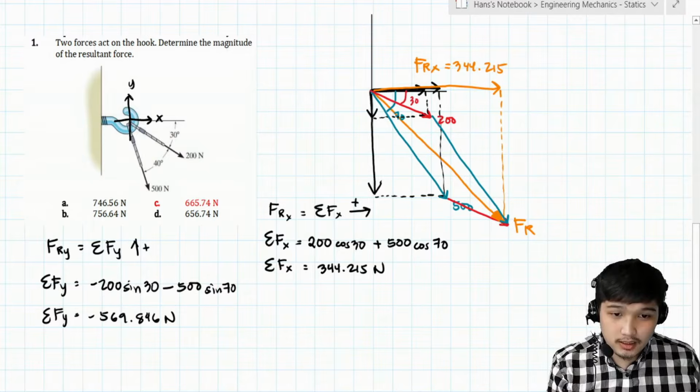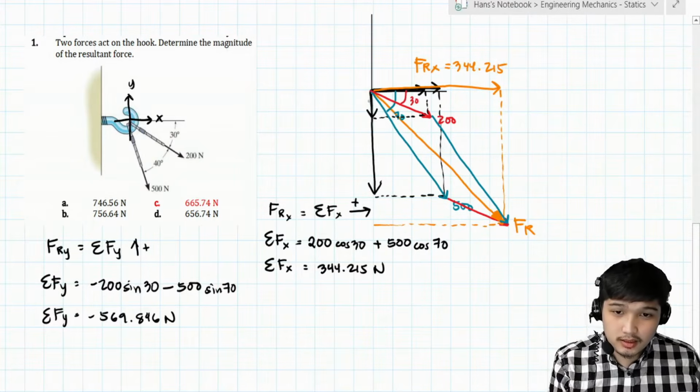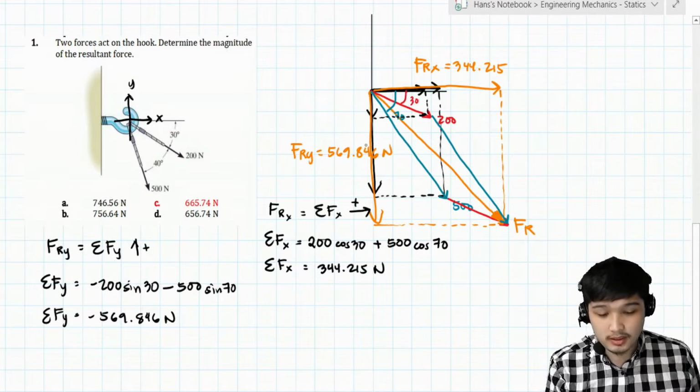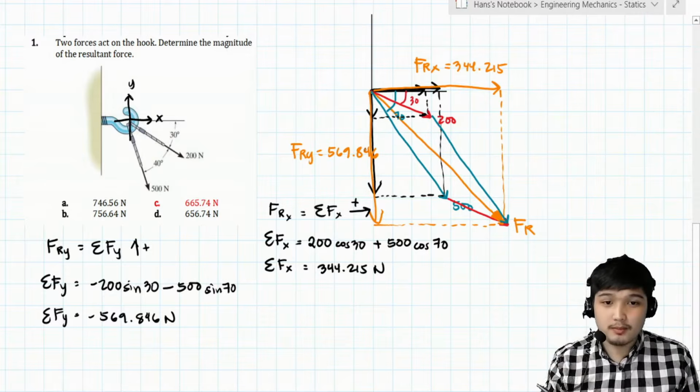And then, yung vertical component niya is eto, no? So, this one is yung FRY, which is directed downward, which is correct nga na 569.846 newtons. So, downward, negative.